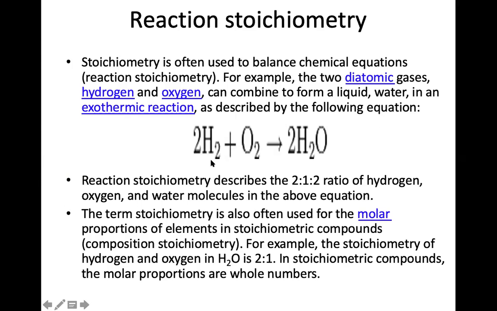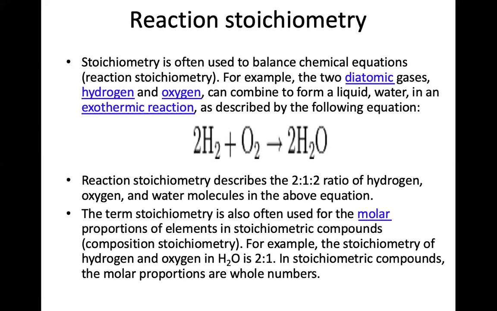You can see, hydrogen and oxygen make water, there is no residue, nothing unused. That means it is a balanced reaction. Here, 2 moles of hydrogen and 1 mole of oxygen produce 2 moles of water. So reaction stoichiometry is described as the 2:1:2 ratio of hydrogen, oxygen, and water molecules in the above equation.